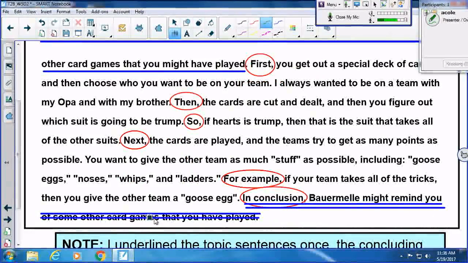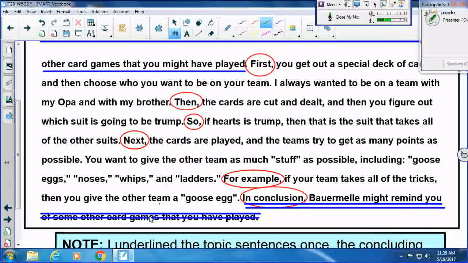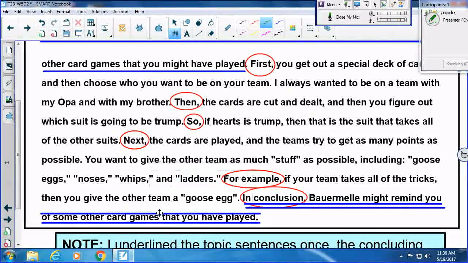You want to give the other team as much stuff as possible, including goose eggs, noses, whips, and ladders. For example, if your team takes all of the tricks, then you give the other team a goose egg. In conclusion, a Bauermela might remind you of some other card games that you have played.